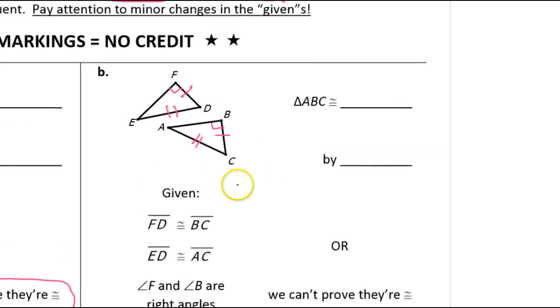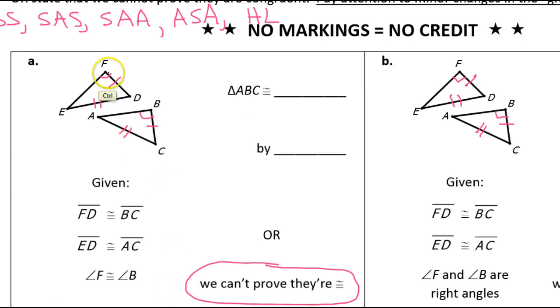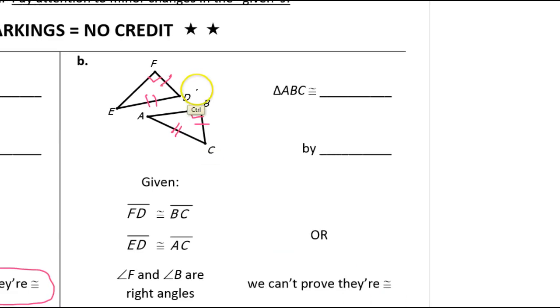This is the same setup as the previous problem, the only thing is, now we know that these are right angles. Because these are right angles, we have the option of using hypotenuse leg if it applies. And guess what? It does. HL, hypotenuse leg.